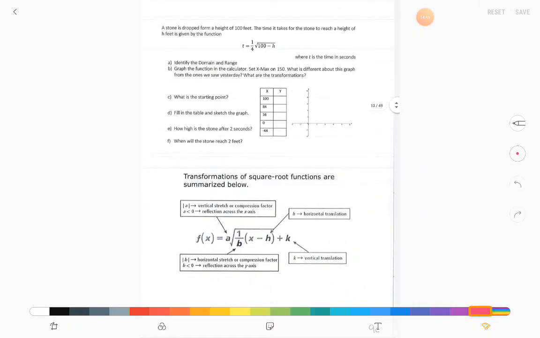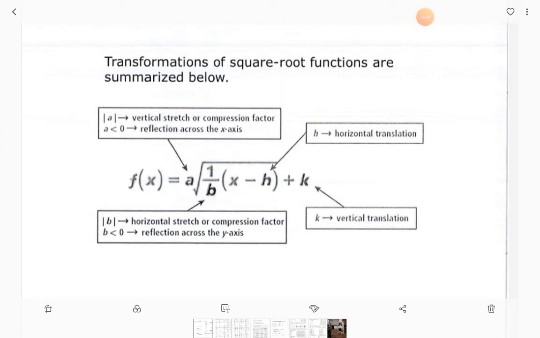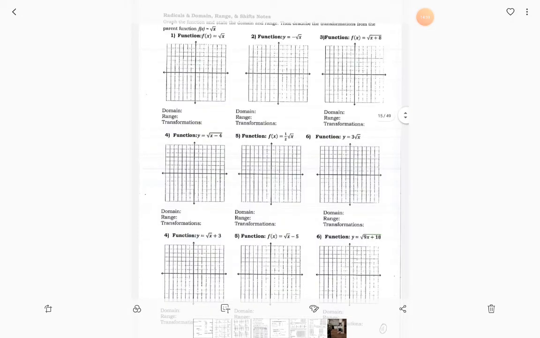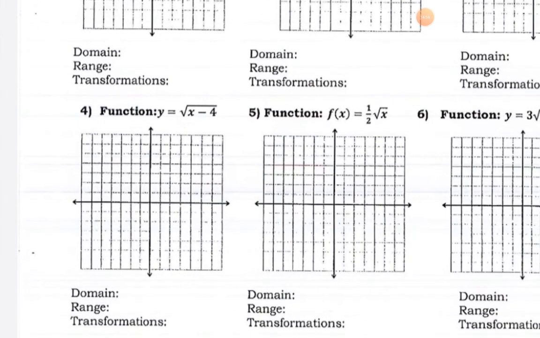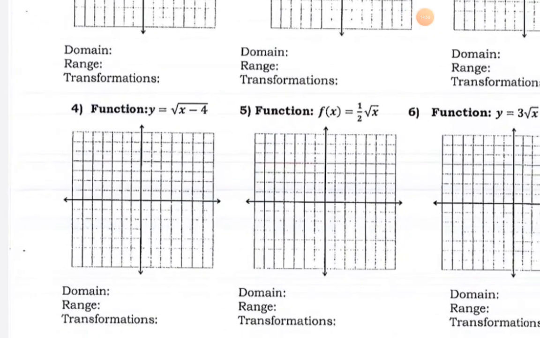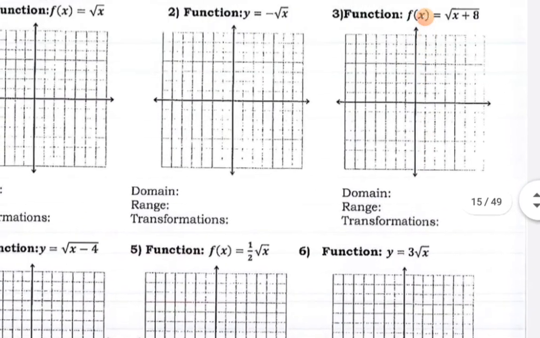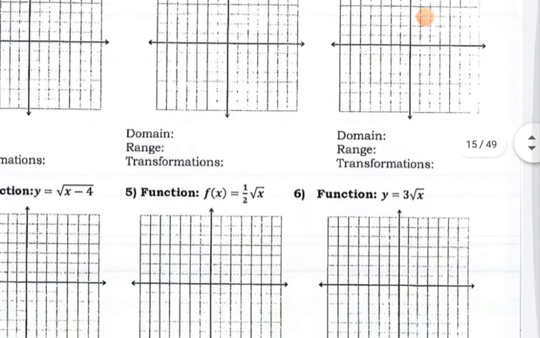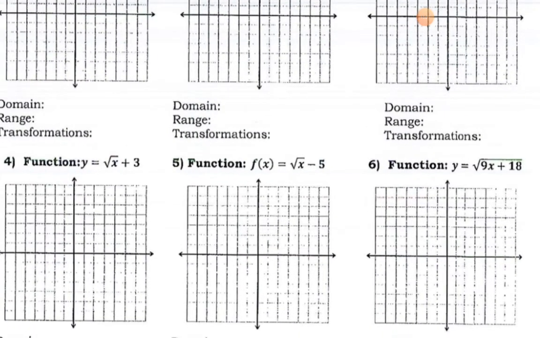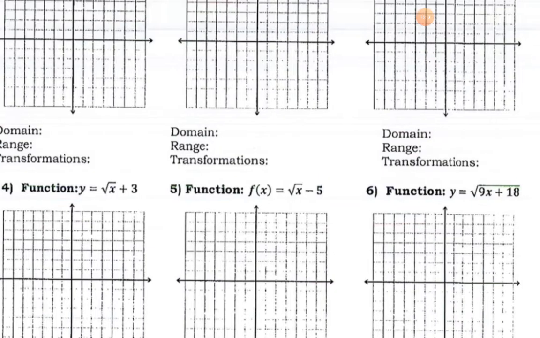One thing I do want you guys to realize, however, is that all of these functions are the same. If it's something on the inside, like here in number 4, that's going to move left or right. If it's something on the outside, like numbers 4 and 5, those are going to move up or down.